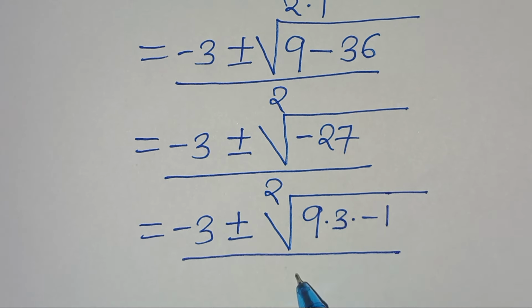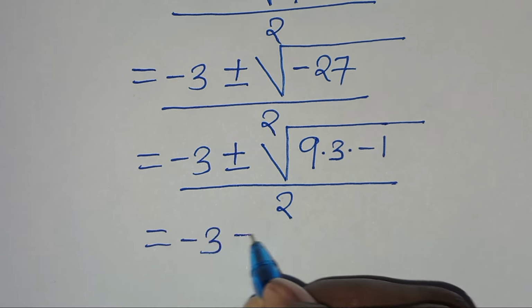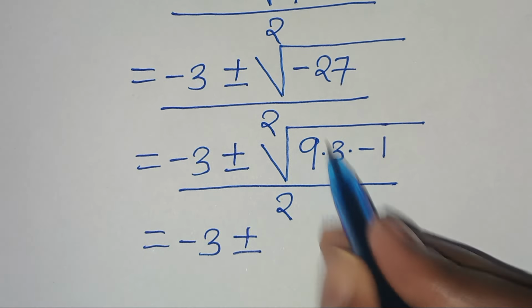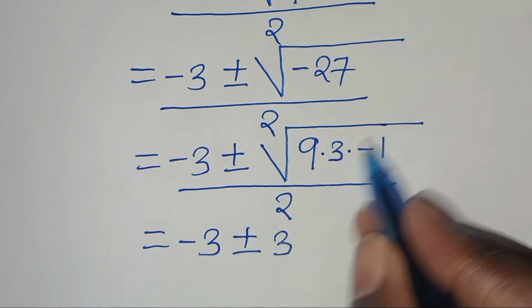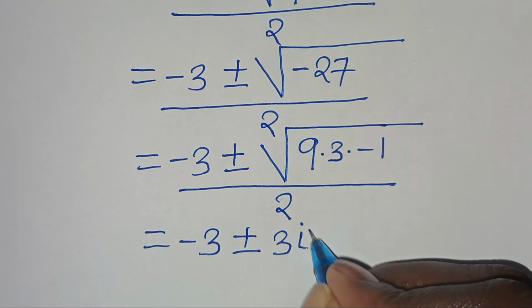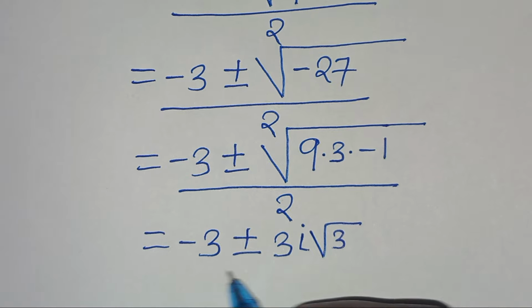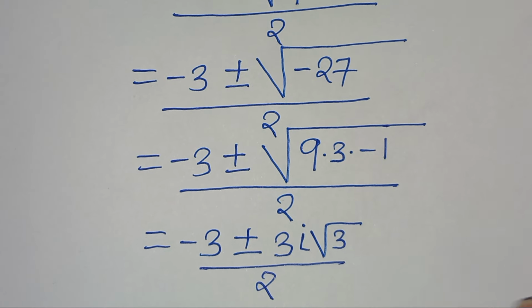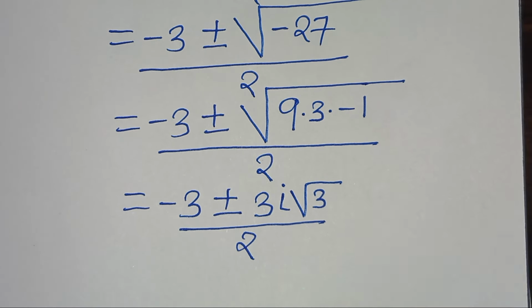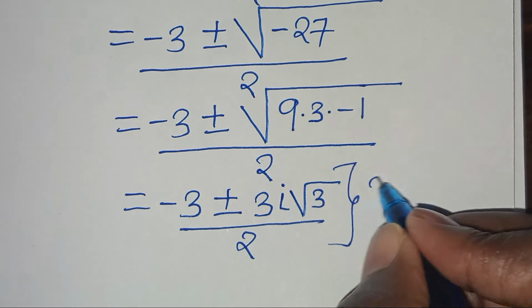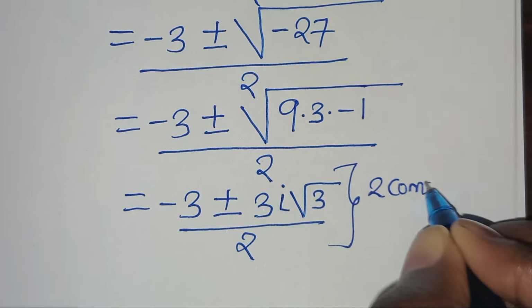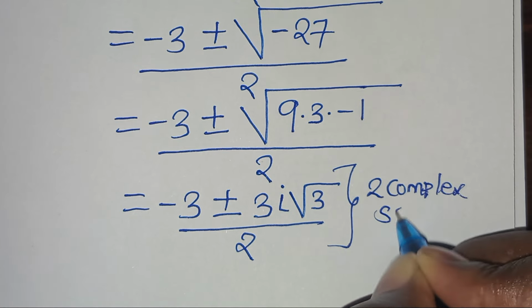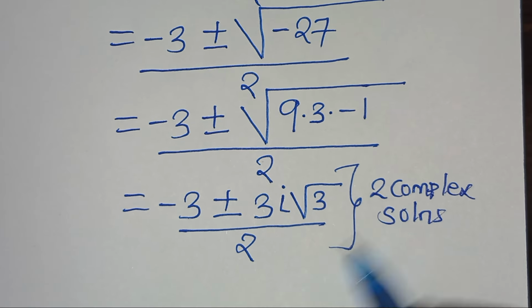So this implies that we have minus 3 plus or minus the square root of 9, this is 3, the square root of minus 1, this is i, then square root of 3, everything here divided by 2. And you realize that, again, these are two complex solutions under case 2.